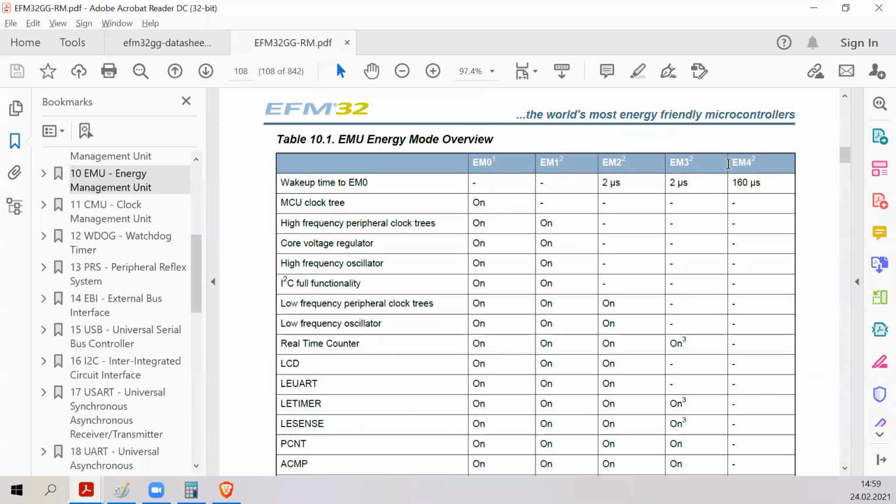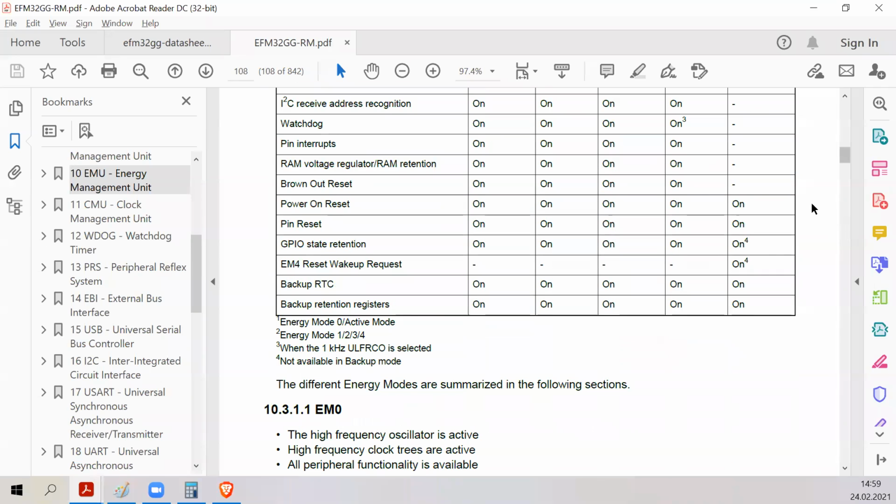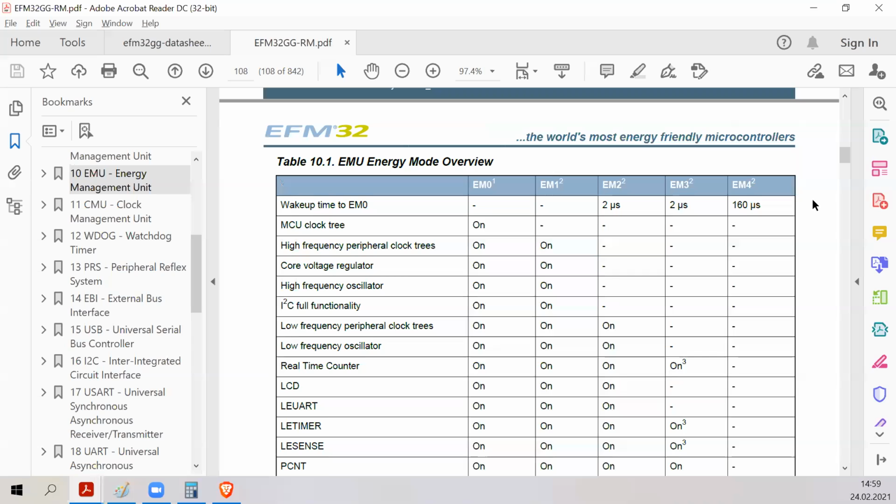And you might ask, why do we need energy mode 4, which basically stops the microcontroller entirely? And the reason is this. It is used, for example, in car remotes or some other device where you press the button, the device turns on, does something, and then you don't need it to do anything else.